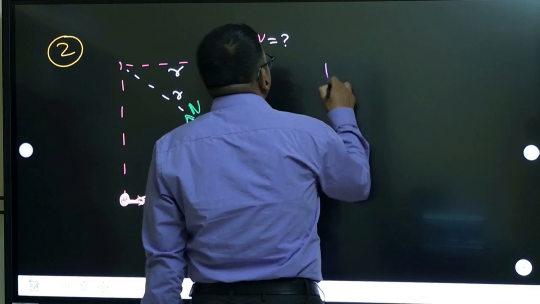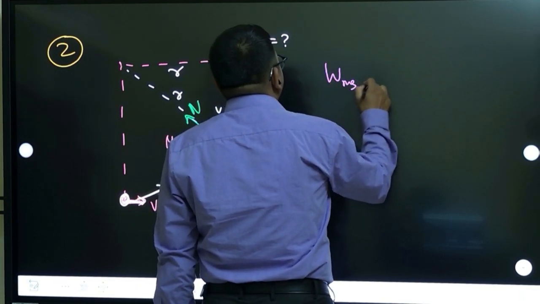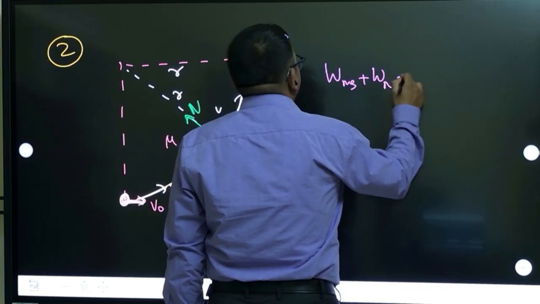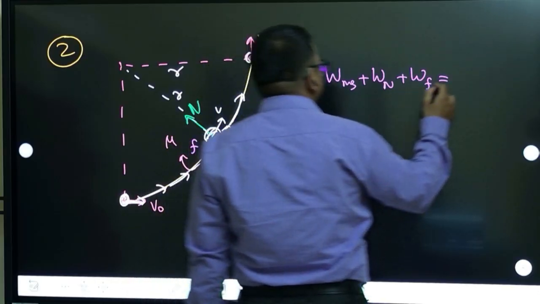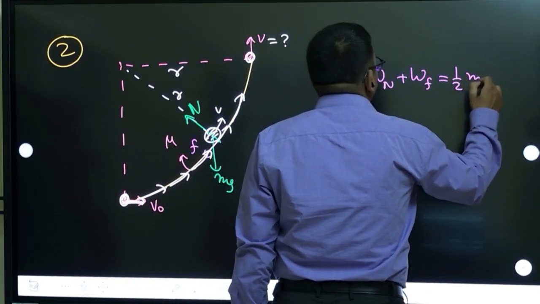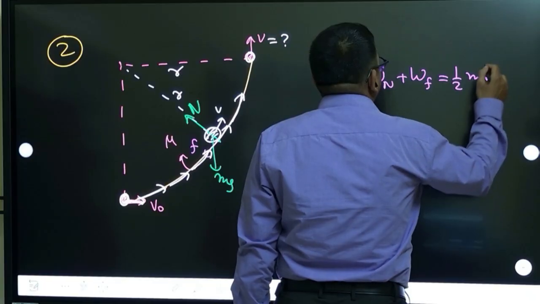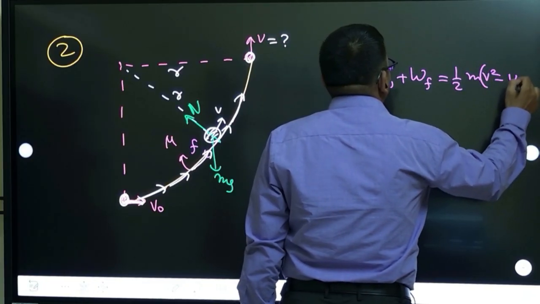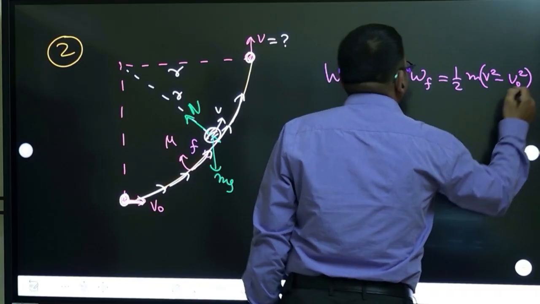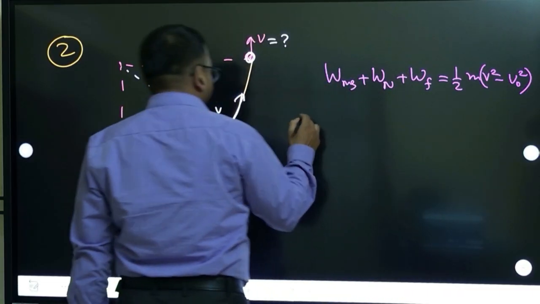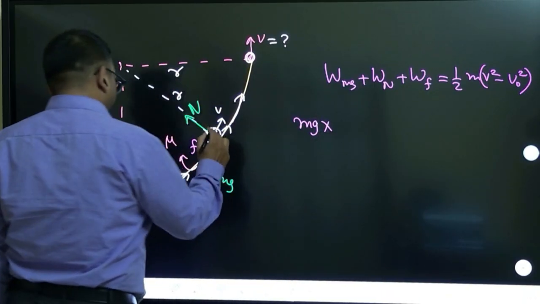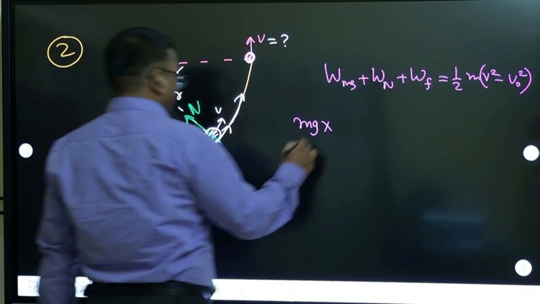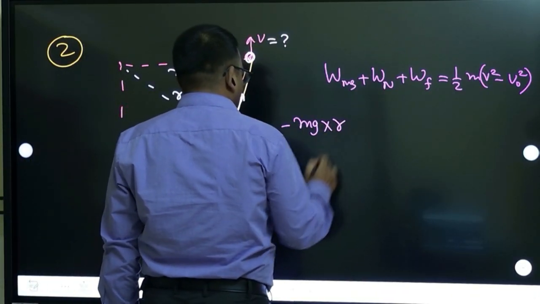So work done by mg plus work done by normal plus work done by friction is equal to the change of kinetic energy, half m (v square minus v naught square). Work done by mg is mg into h. It is going up, so negative: minus mg h.